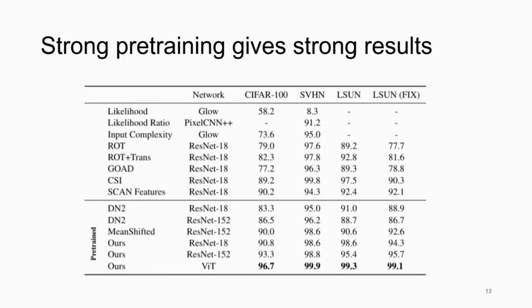And the same goes in many cases with ResNet 18. Yet we do report results with the ViT architecture as well. And this is because we believe using this very strong architecture is actually a special feature of our method.